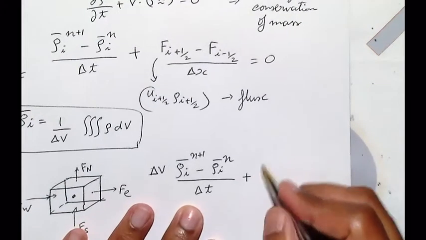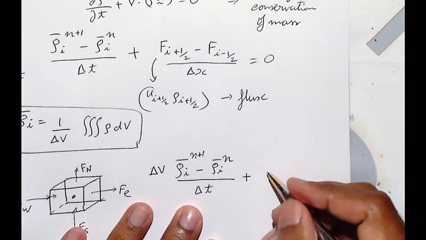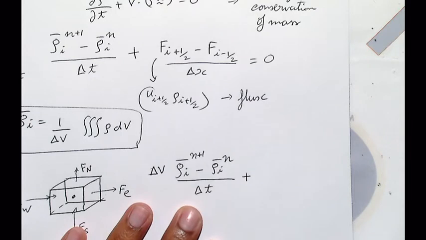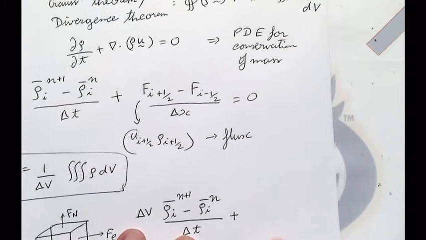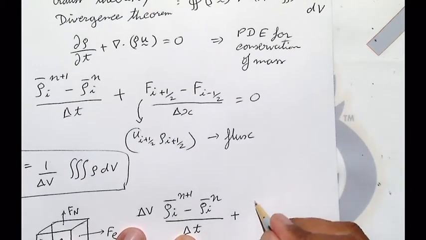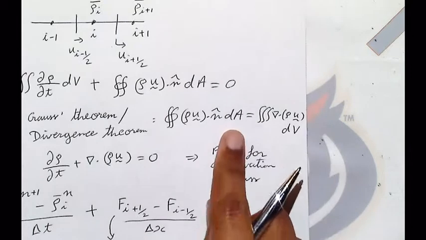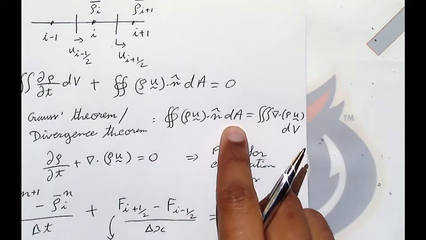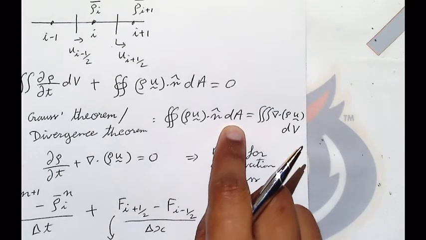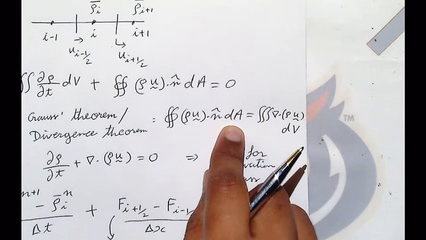Okay? So we will write a flux east minus flux west, and let's say the dA is out, so delta A. Surface area of the face we are looking at.